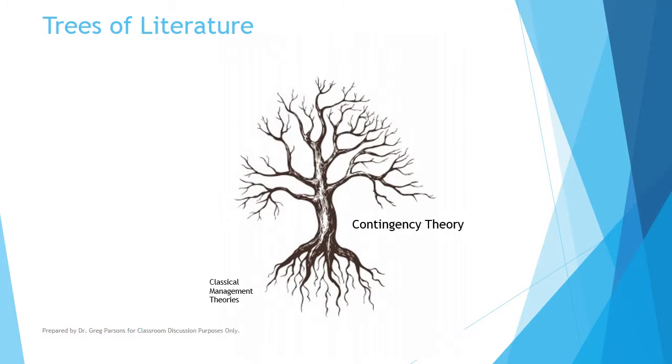Contingency theory in management evolved out of the classical management theories, the human relations theories, and the systems theories, which all preceded it. So it was based upon existing theory, and people found that there were additional things that needed to be examined and explained. So contingency theory was developed.